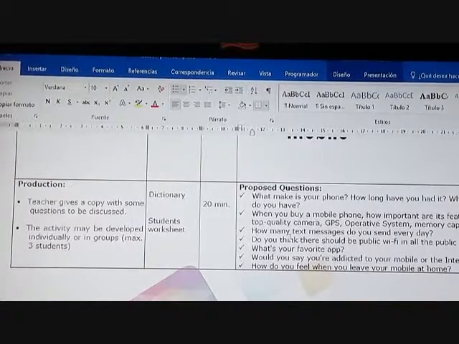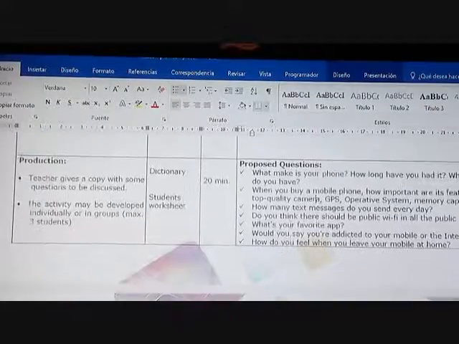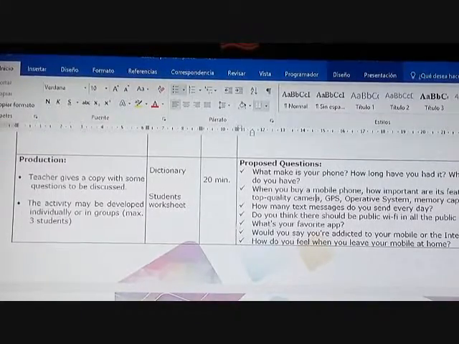For example, how many text messages do you send every day? What make is your phone? How long have you had it? What ringtone do you have? When you buy a mobile phone, which is the important feature or characteristic? Top quality camera, GPS, operating system, memory capacity.